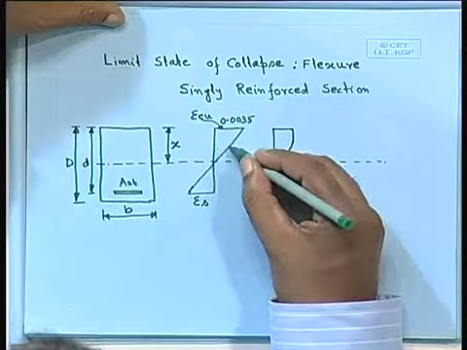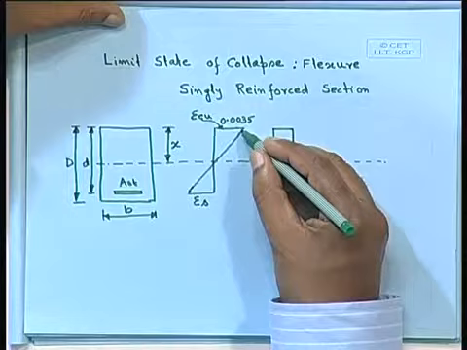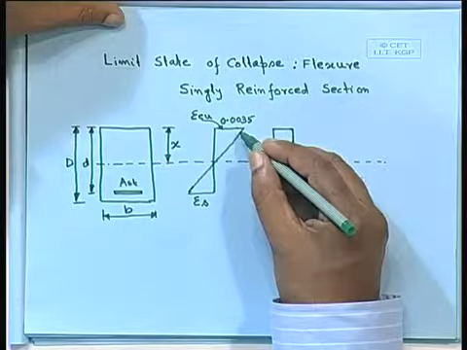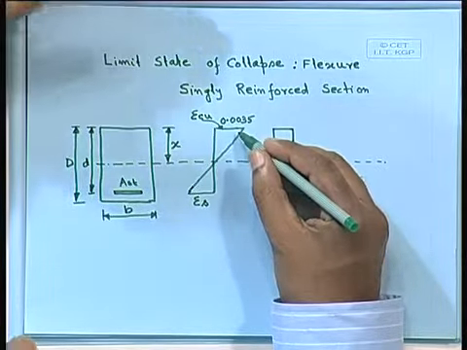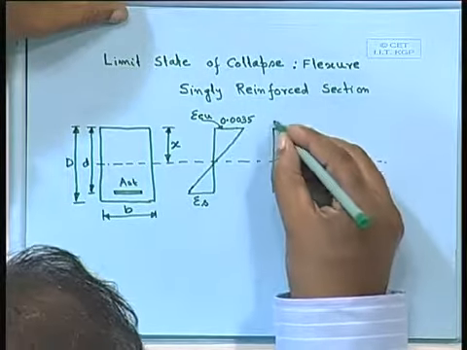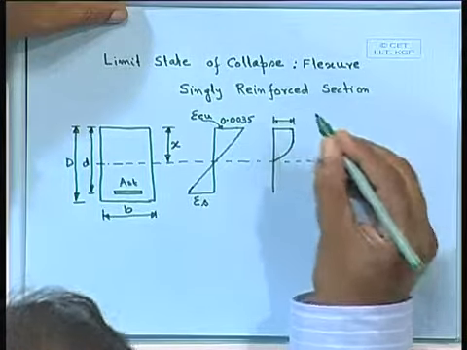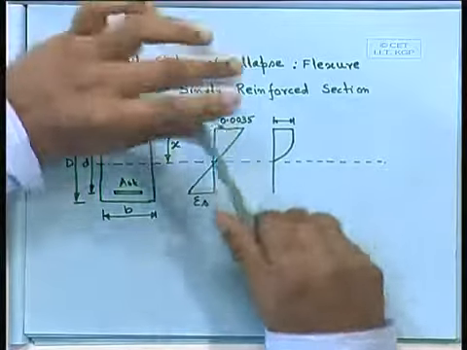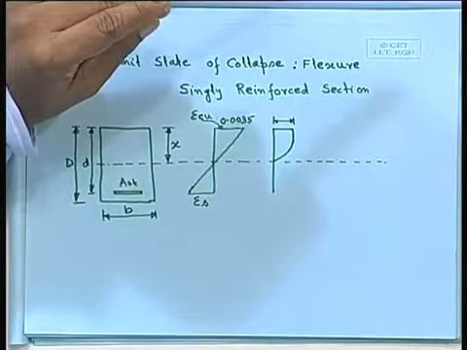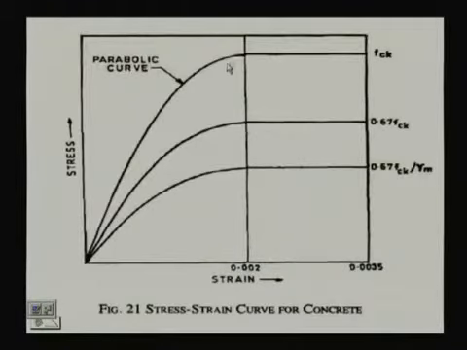Finally we shall get the maximum strain allowed, 0.0035, which will never go beyond this 0.0035. According to this curve mentioned in the code, we shall consider this curve. This is our stress block also.